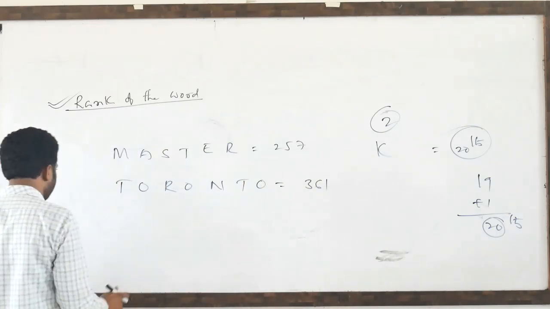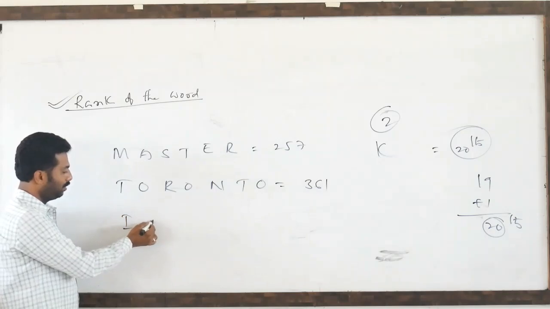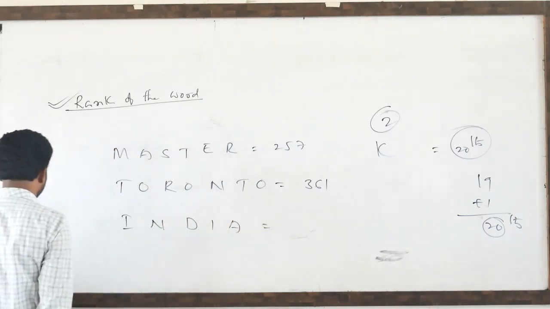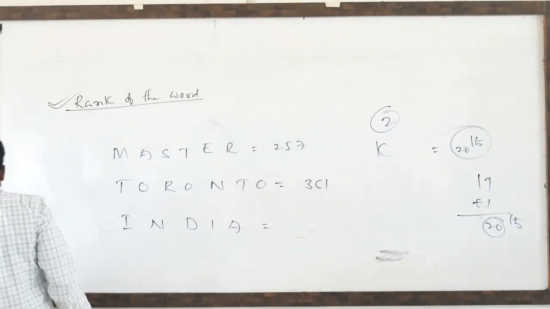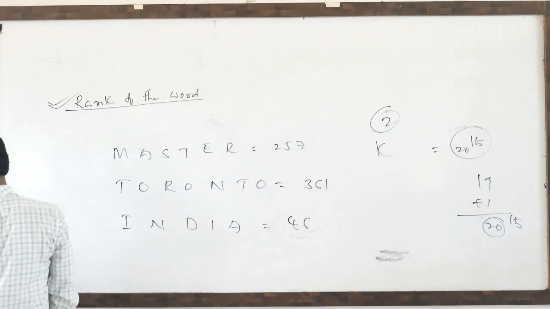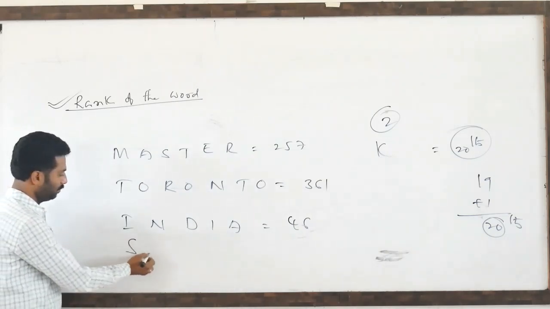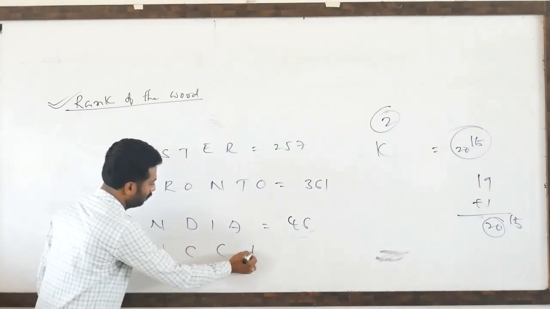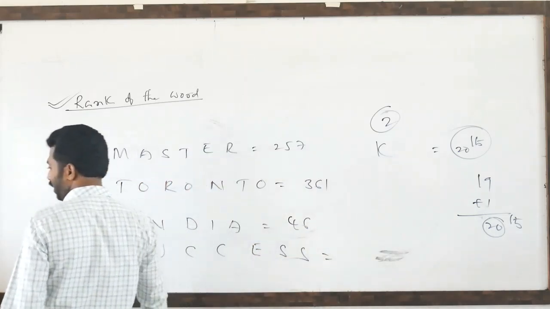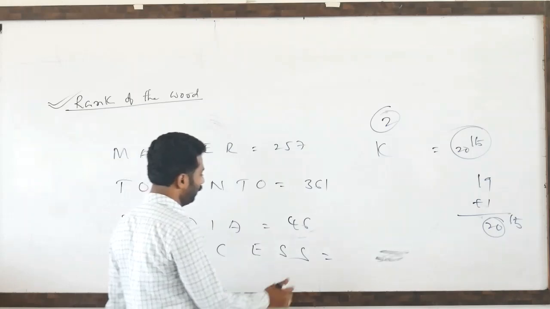Next, INDIA. What is the rank of the word? INDIA is 46. Next, SUCCESS. What is the rank of the word SUCCESS? It is 331.